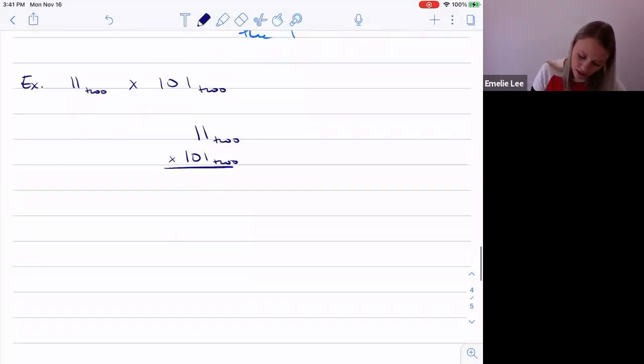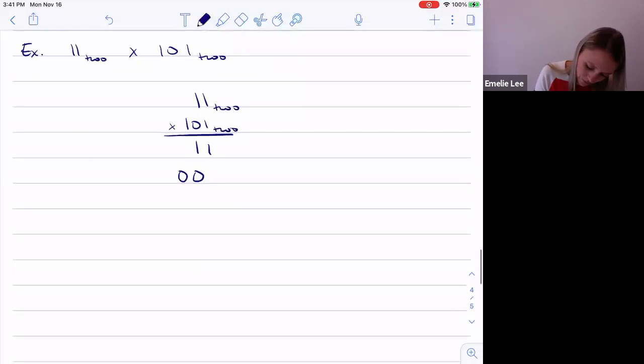And so if you have 1 times 1, that's 1. 1 times 1 is 1. And then 0 times 1 is 0. 0 times 1 is 0 again. And then 1 times 1, placing it under that 1. And then 1 times 1 again is 1.